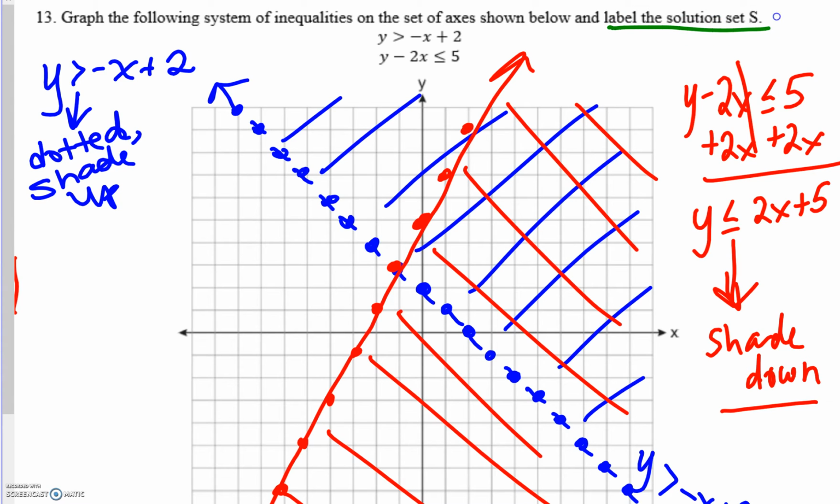It says to label the solution set with an S. The solution set is that double shaded area where you're going to see those little checker boxes. So inside there, we're going to put a big S because it tells us to do so.